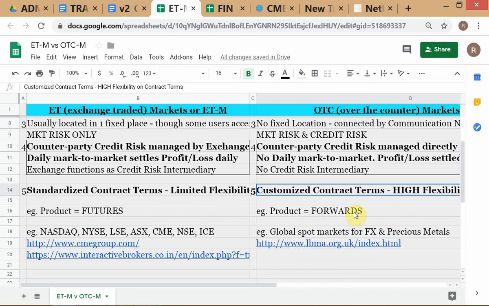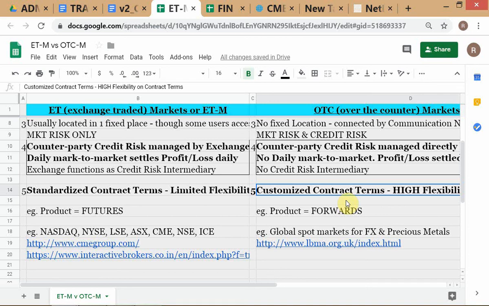So if somebody asks you to differentiate between forward contracts and futures contracts, one simple way is to understand that futures are ETM and forwards are OTC. Obviously when you talk to somebody, you say exchange traded markets and OTC markets, but I don't want to keep saying these big words every time, so I'm just using these shortcuts.